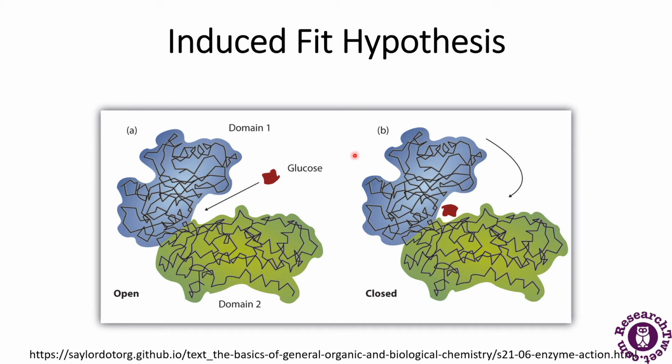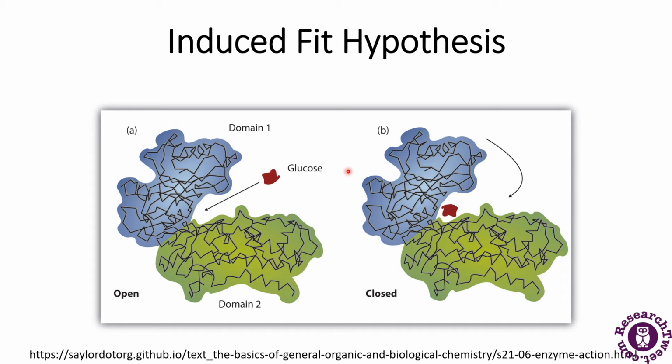This model is very easy to understand in the way a hand induces a change in a glove. In the same way, an active site induces a change in the chemical substrate. The substrate gets into the active site of an enzyme, and according to this, the structure of the active site of an enzyme is flexible.